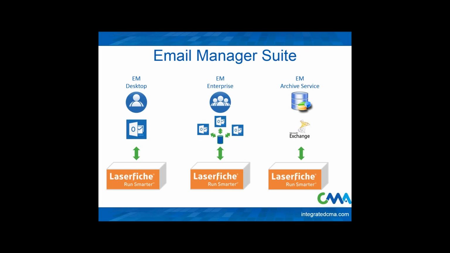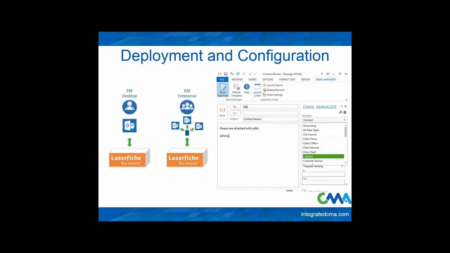So moving off to the right here, the archive service that connects to Exchange today. We intend to be able to connect to Google Mail as well with their API. That's not going to be terribly difficult to add. And of course, everything, again, here is going to flow into Laserfiche. So desktop and enterprise, really the same product.